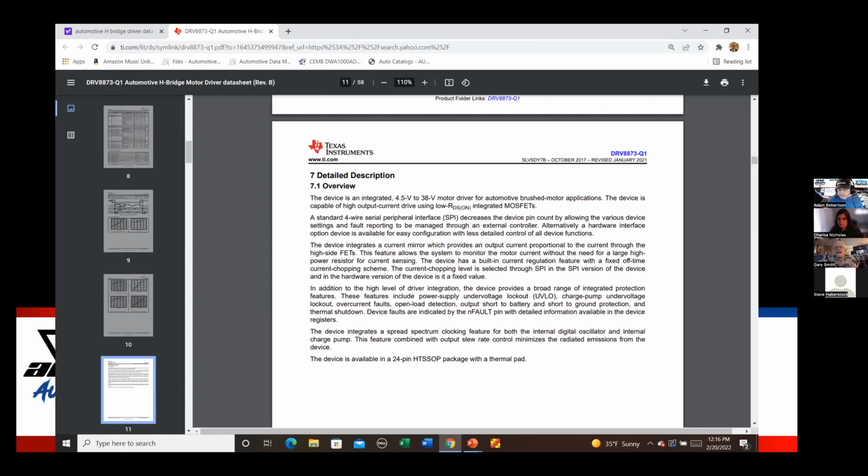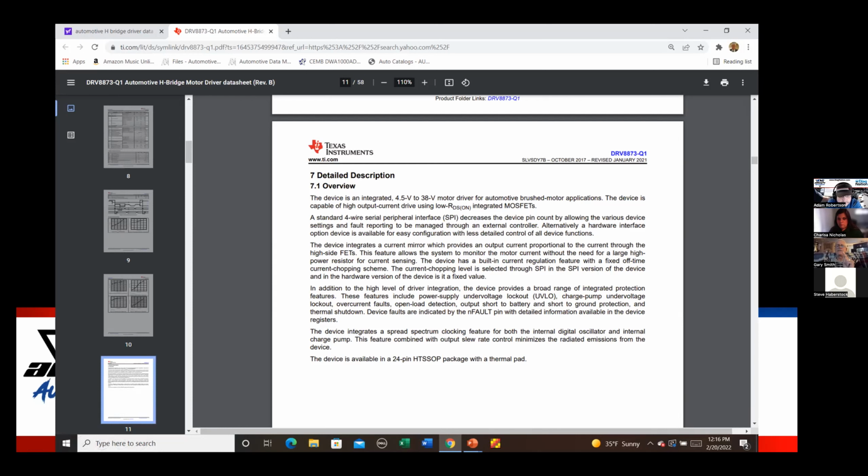So listen to this statement because it unlocks what's wrong here. In addition to the high level of driver integration into the chip, the device provides a broad range of integrated protection features. These features include power supply under voltage lockout. Let me stop right there.